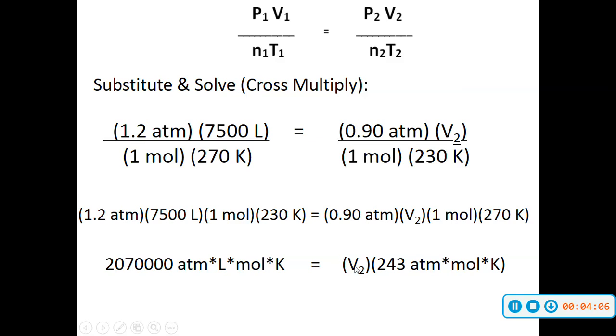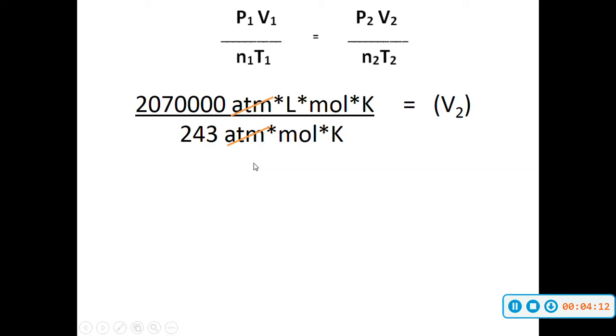So again, how do you find your unknown? We divide by 243, and when we divide, this is where our units cancel each other out. The only unit we have left is liters, which should match what we're looking for.